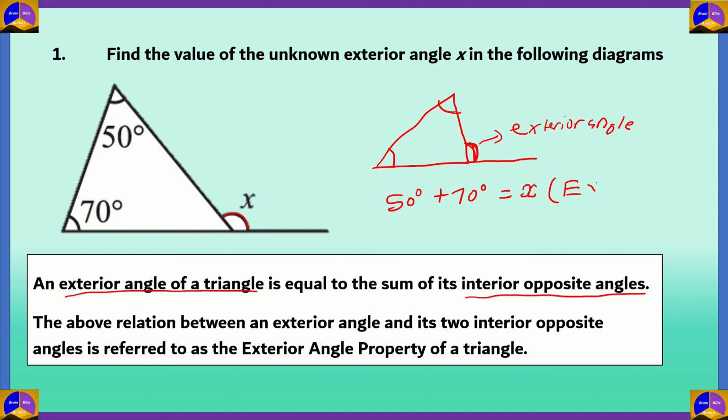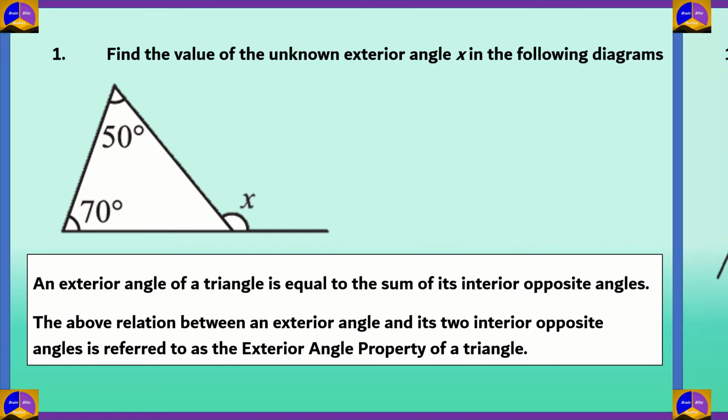Reason: exterior angle property. So x would be equal to 70 plus 50, which is 120. So x would be equal to 120 degrees.